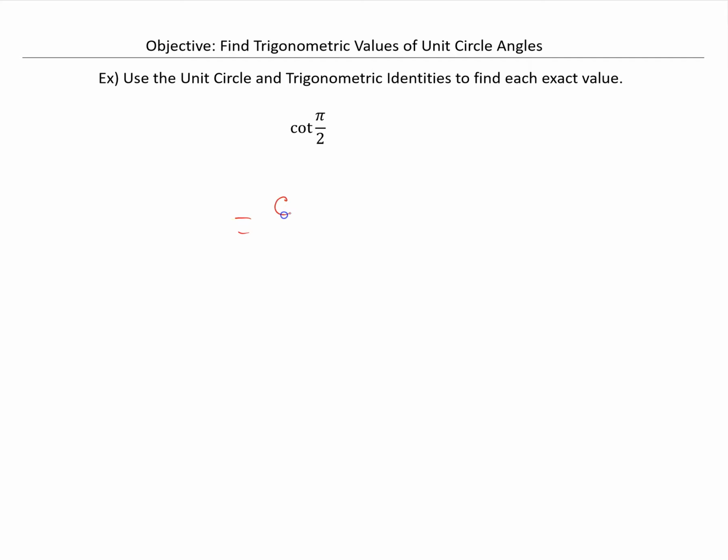So this is cosine of pi halves over the sine of pi halves. Cotangent starts with c, and its numerator of cosine starts with c. The same thing is not true for tangent, because tangent has sine in the numerator, and they start with different letters. So cotangent begins with a cosine over then sine.